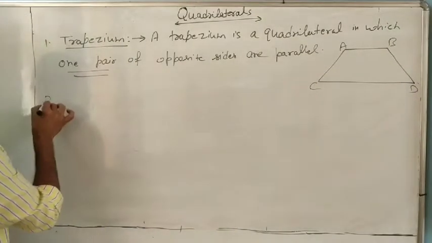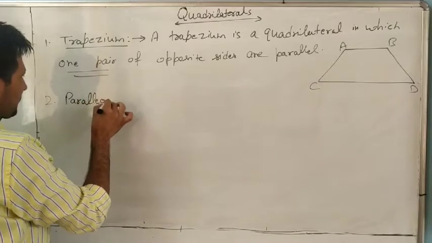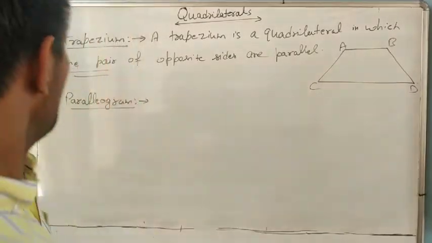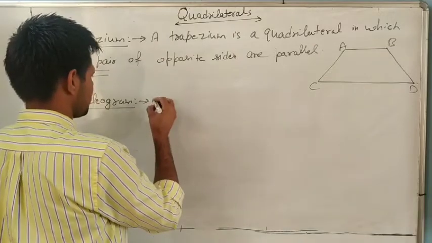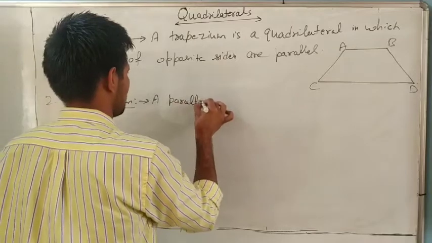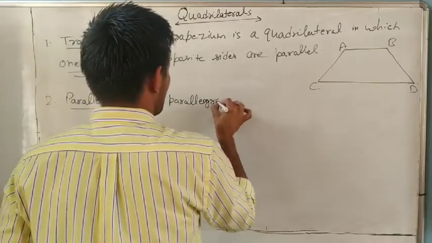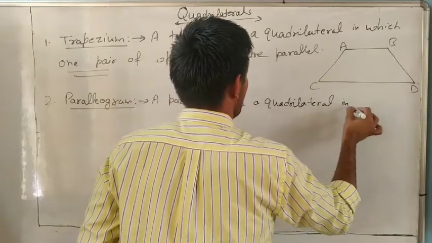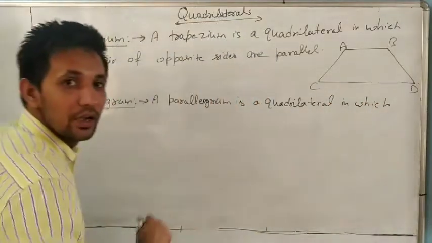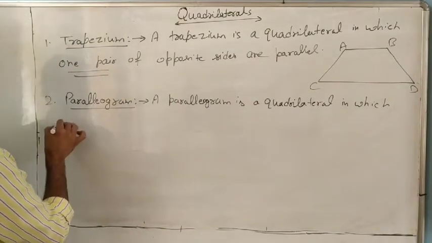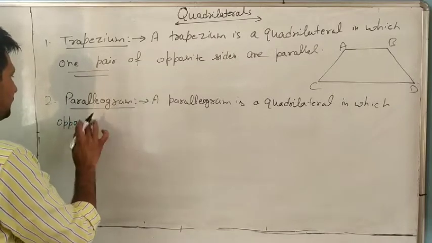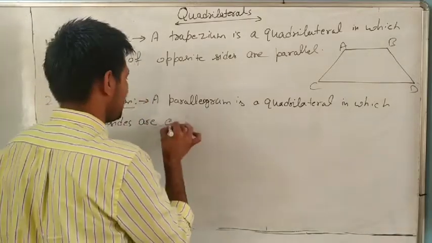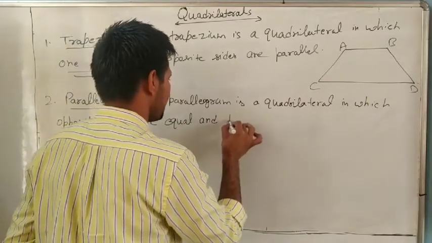Next, parallelogram. A parallelogram is a quadrilateral in which opposite sides are equal and parallel.